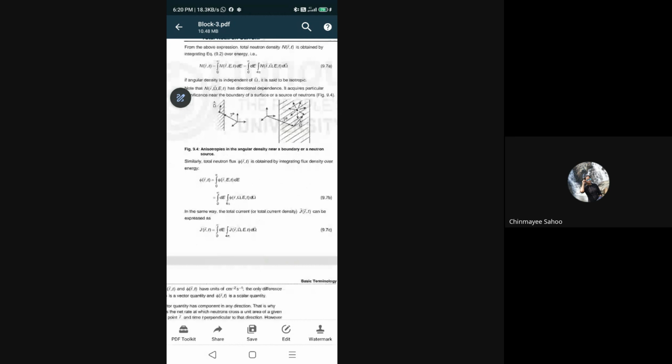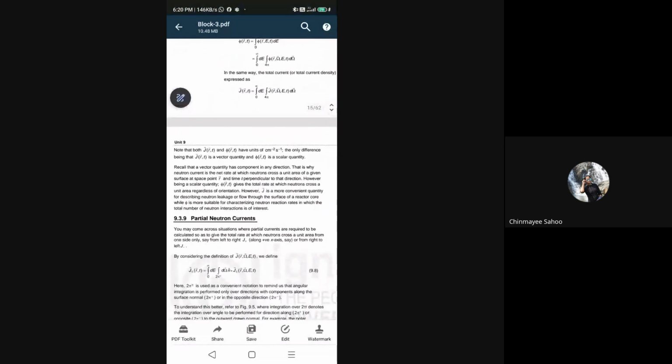Similarly, total neutron flux phi is obtained by integrating flux density over energy, as shown here. So total current J can be expressed as J is equal to integration from 0 to infinity dE, integration over 4 pi of J d omega. So both J and phi have units of centimeter to the power minus 2 second inverse.